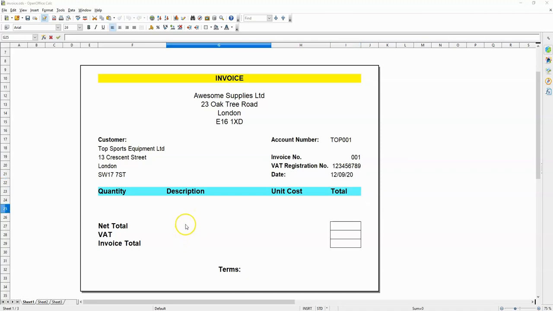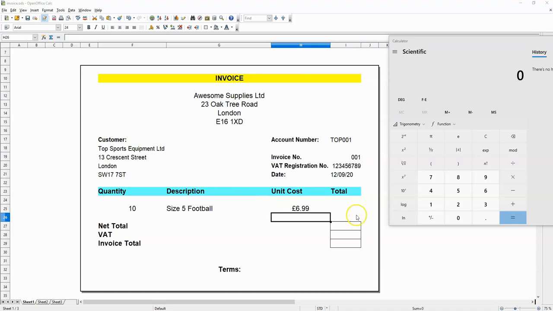Okay, moving on to what you're selling and the cost of what you're selling. Let's put down 10 size 5 footballs at a cost of £6.99 each.